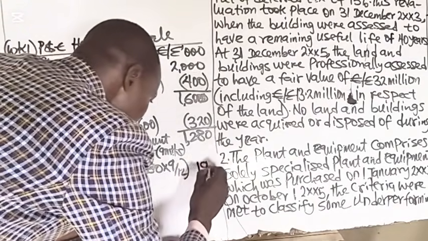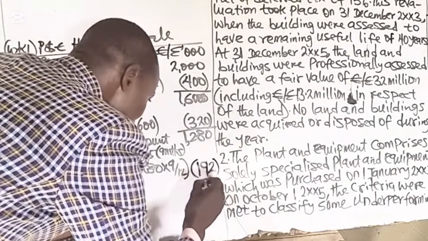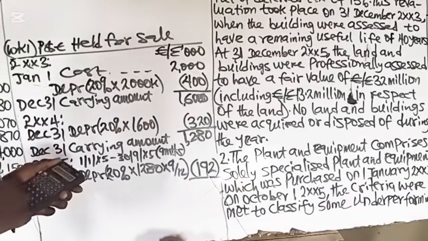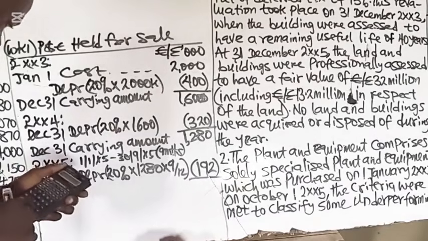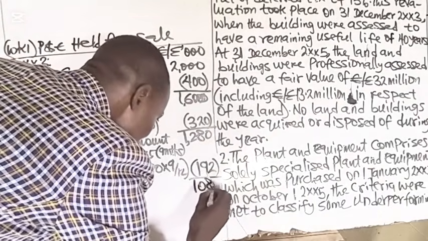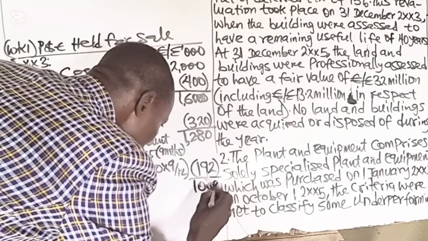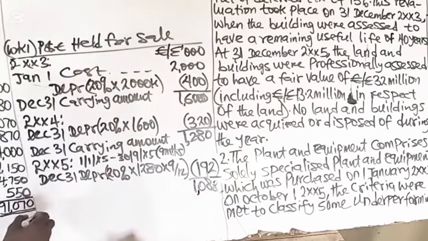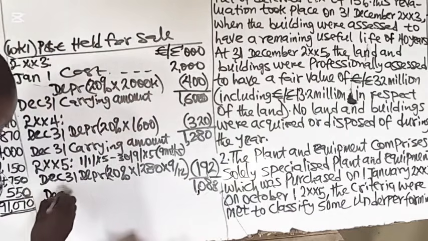That is the depreciation that will be charged in the year. If you subtract that depreciation from 1,280, then you have the carrying amount to be 1,088.